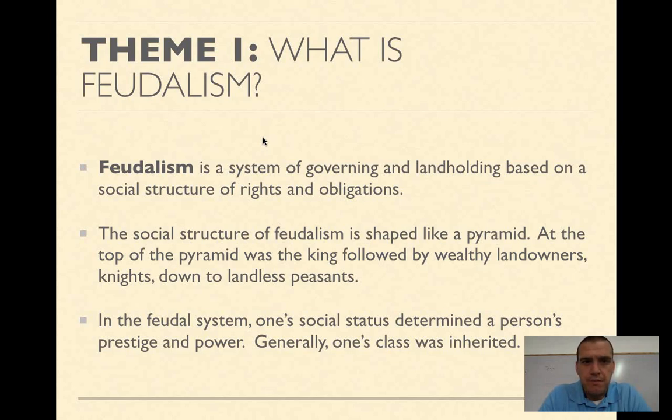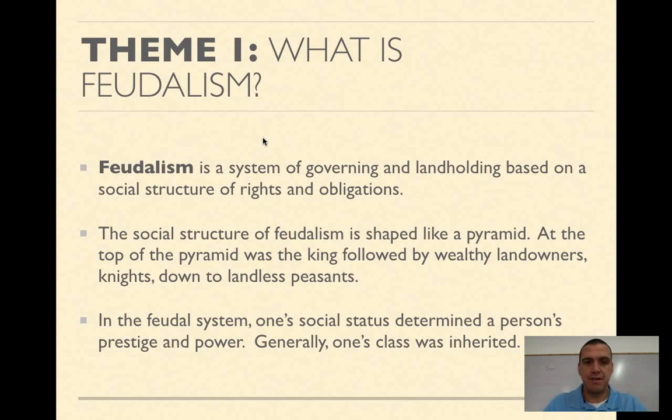So feudalism is, as we're going to see, fueling this changing style of governance, and it modeled the way society was structured. So if you think back to our lesson in chapter 2 about Hinduism and the caste system, it has a pyramid structure, kind of like the caste system that I know you're familiar with. But it was not as rigid as the caste system.